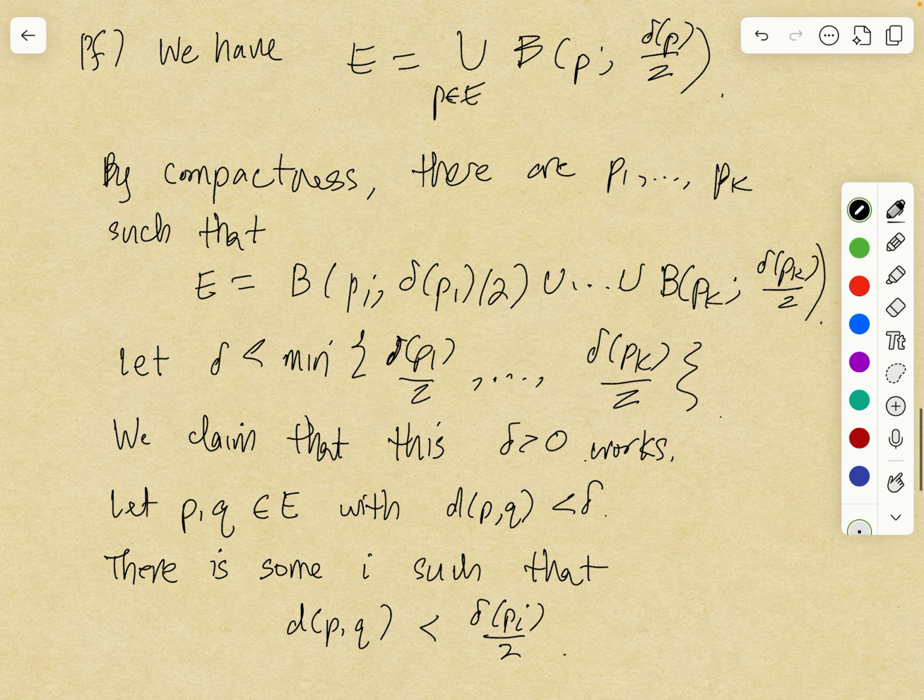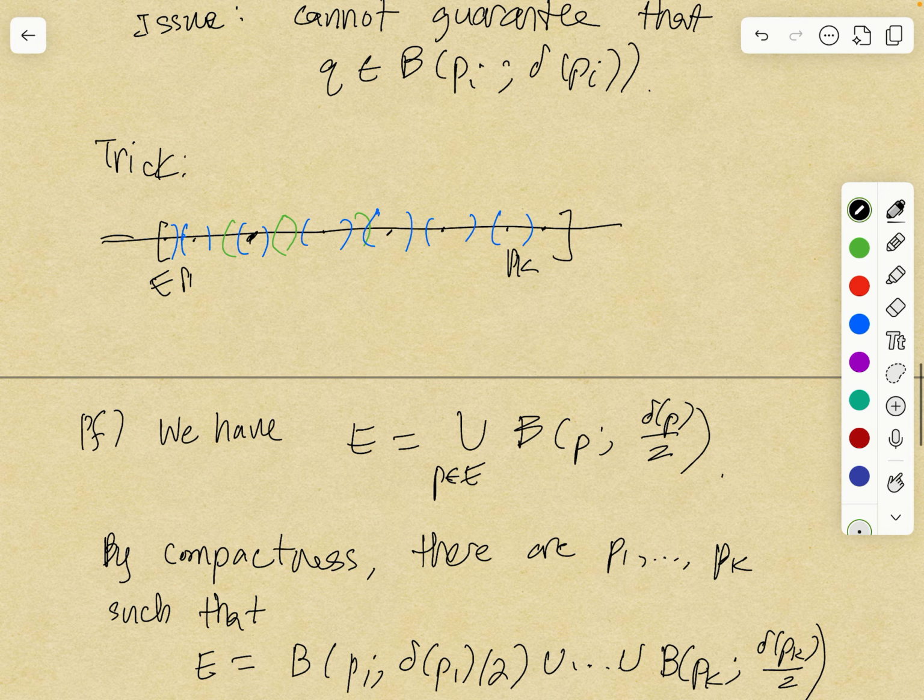Now the point is that when you take delta as we did, P and Q might not be in the same blue open ball, but by the way we chose delta, P and Q must be in the same green open ball, and that's what we wanted.